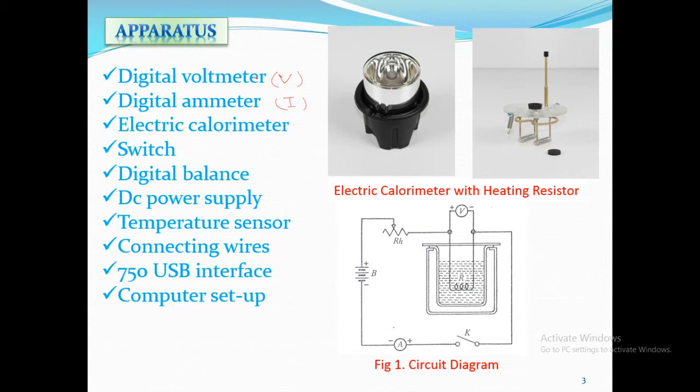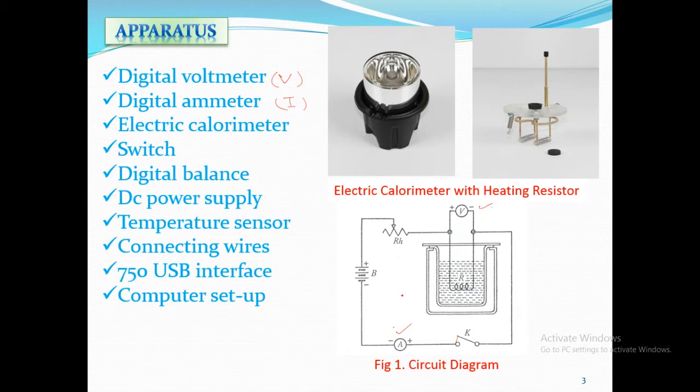The digital voltmeter is connected in parallel with the resistor here, and the ammeter is connected in series with the circuit. This is the switch. If we close it, the current will flow through the circuit. The ammeter is always in series to measure the current flowing through the circuit, whereas the voltmeter is connected in parallel to the resistor.